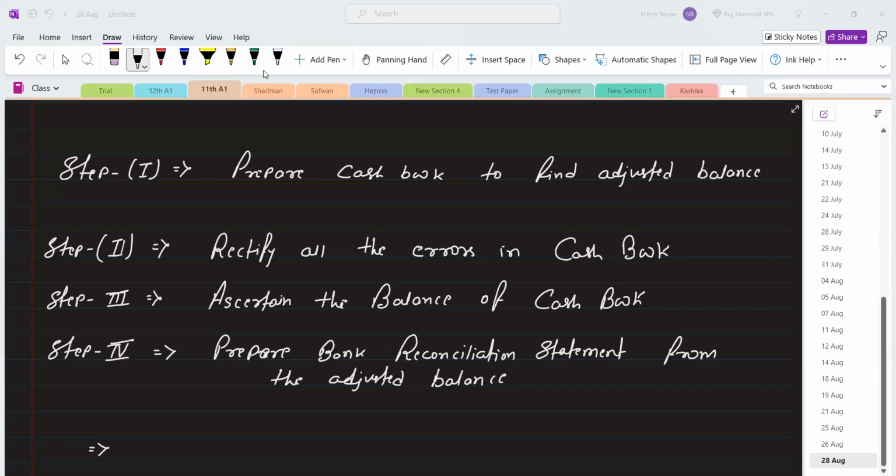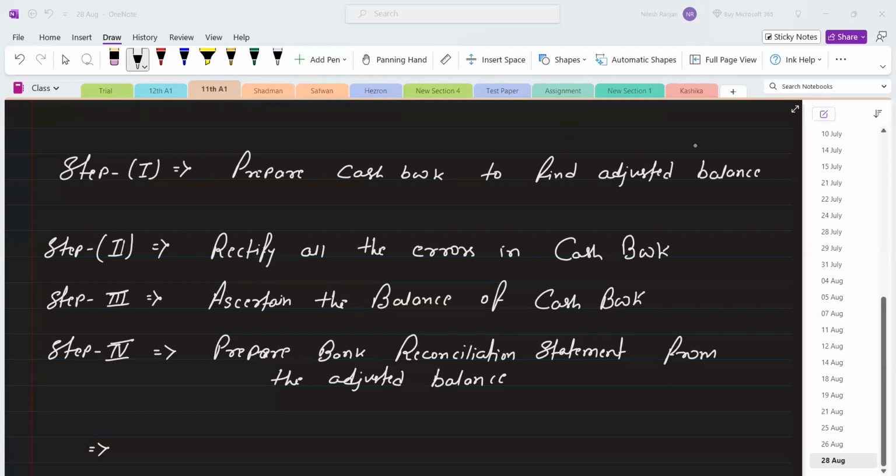Abdullah, you should write this. Yes, sir. Okay, sir. Sir, how many pages should I leave? Can you give me an idea of how many pages I should leave?